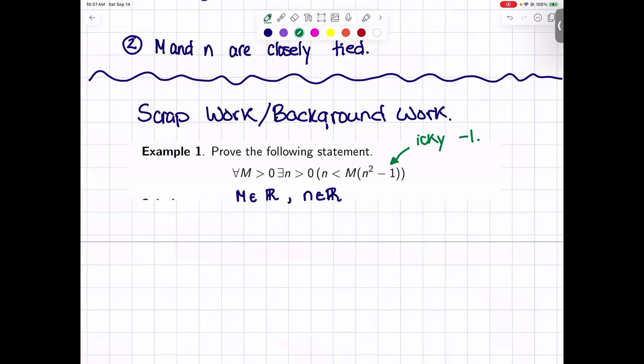Well, I can answer that question pretty easily. For one thing, it's going to be a problem if n is small. So remind ourselves here that n is in the reals, which means that n could be 1 or 2 or 3 or 4 or whatever, but n could also be a decimal value.